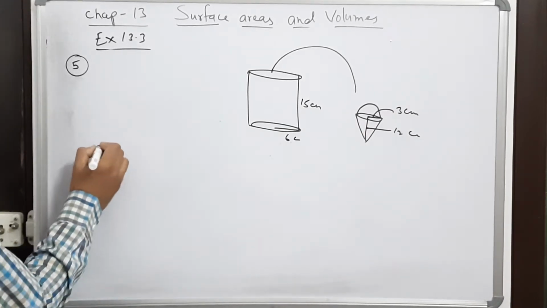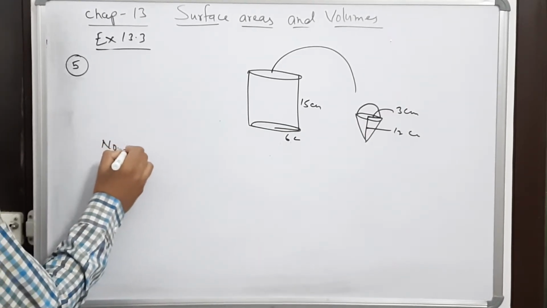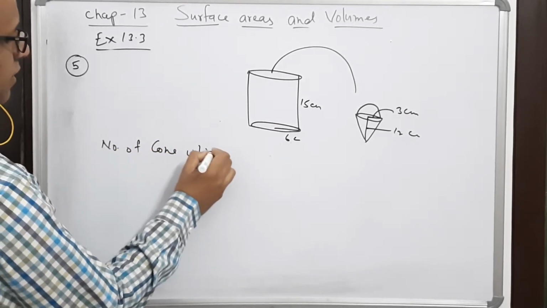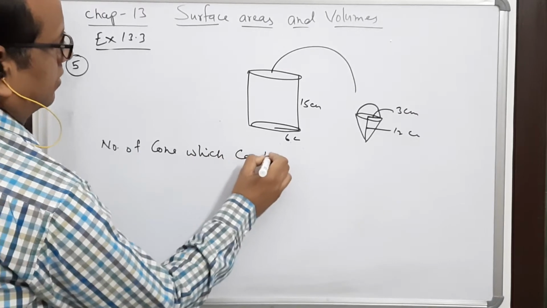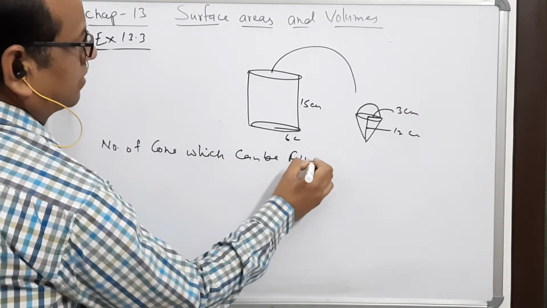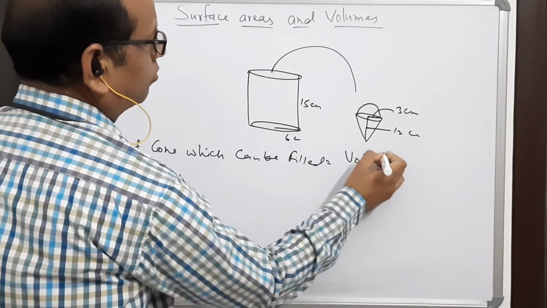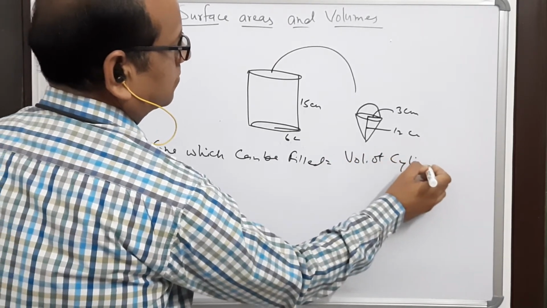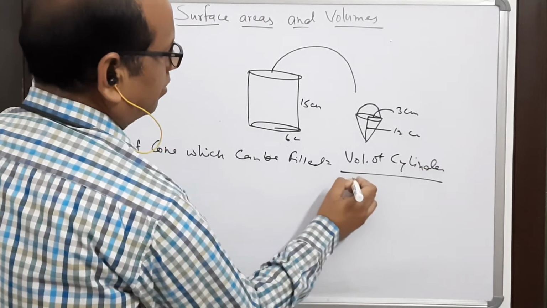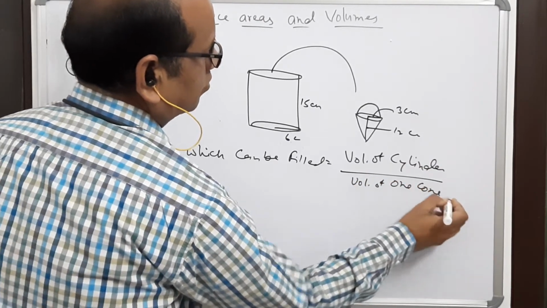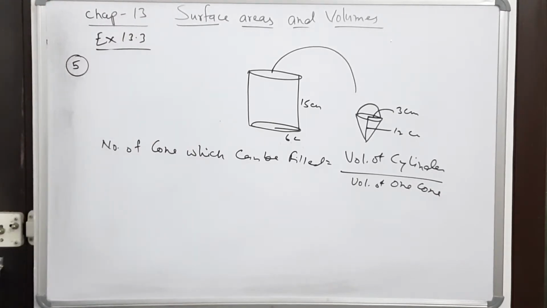So the number of cones which can be filled equals the volume of the cylinder upon the volume of one cone with the hemispherical top.